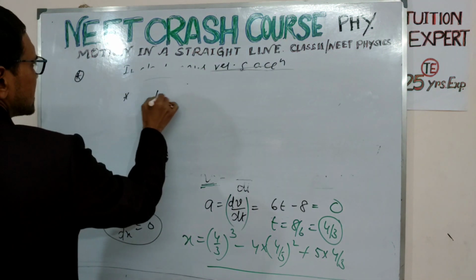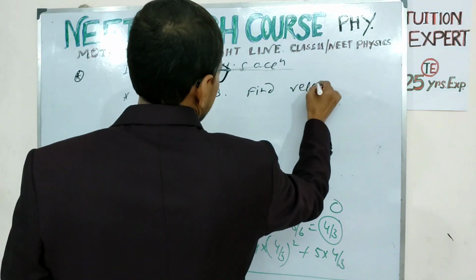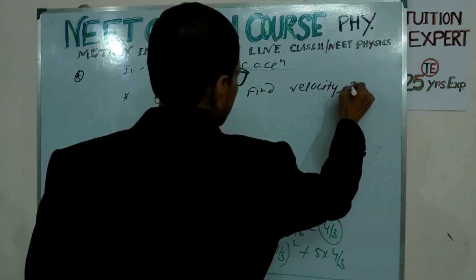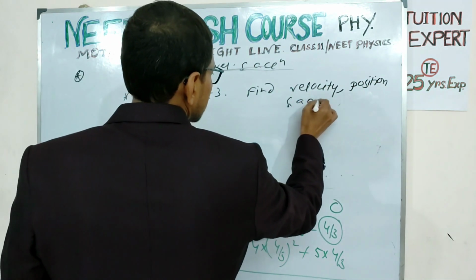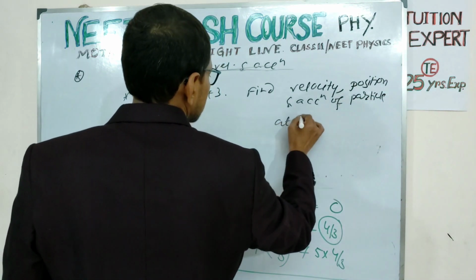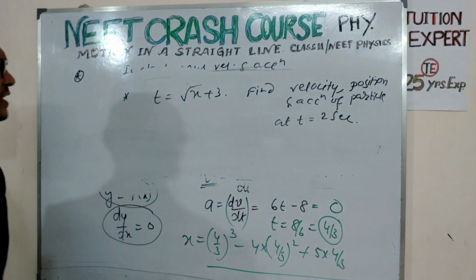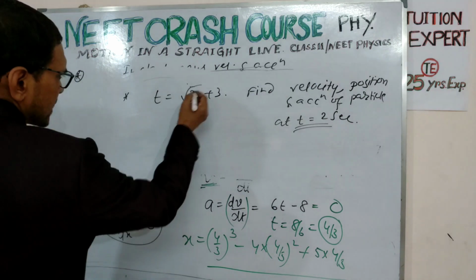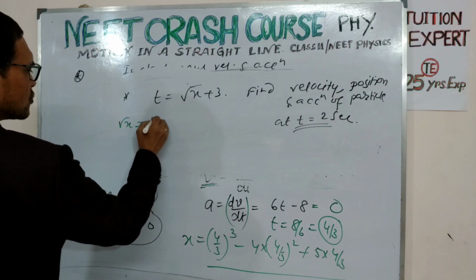Suppose t equals root over x plus 3. Find velocity, position and acceleration of the particle at t equals 2 seconds.